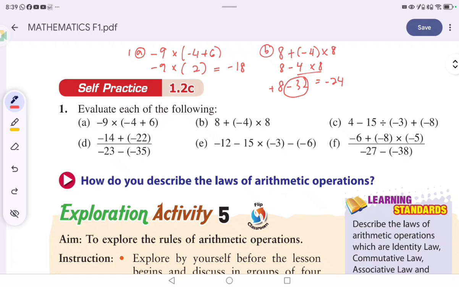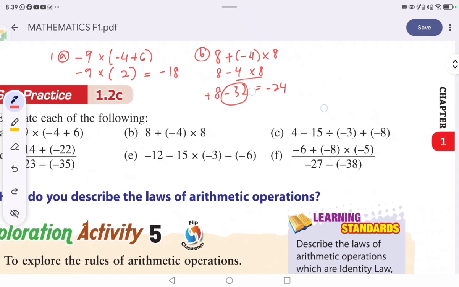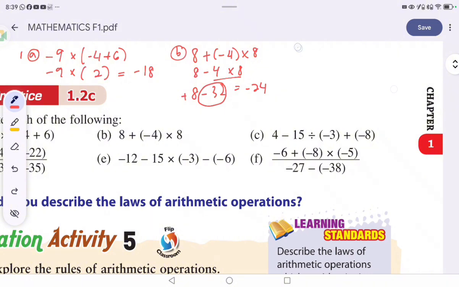How about C? Okay, let's see. C. 4 minus 15 divided by negative 3 plus negative 8. You follow the order first. 4 minus 15 is how much? So 11.